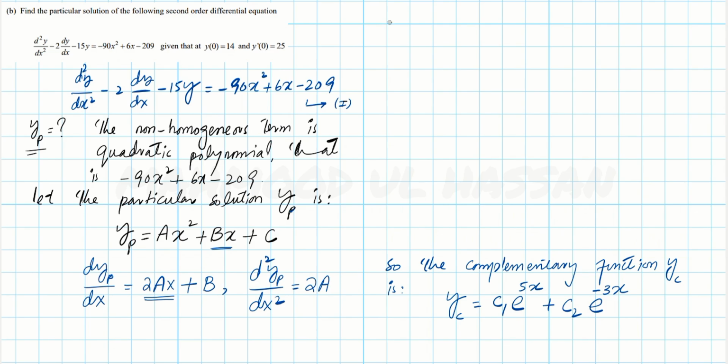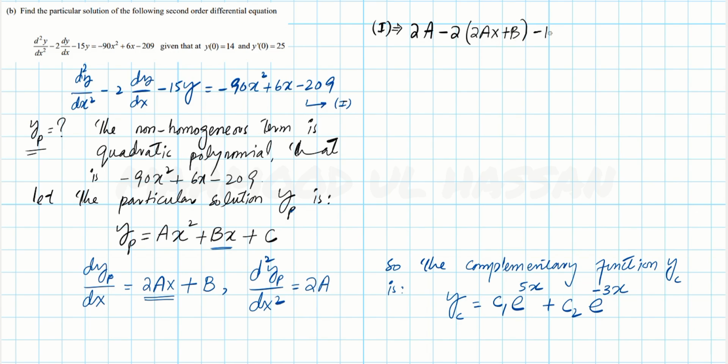So equation number 1 implies that d square y upon dx square, we have to put 2a, and then minus 2 times dy over dx, which is basically 2 times ax plus b, and then minus 15y.